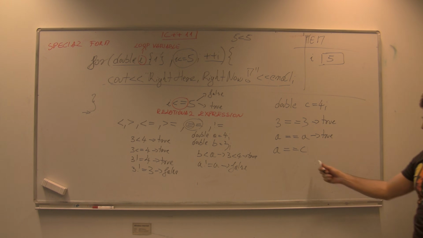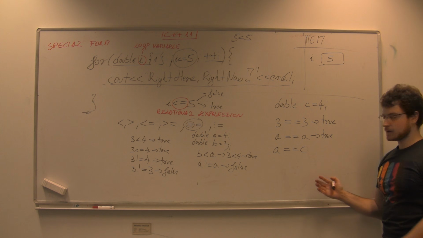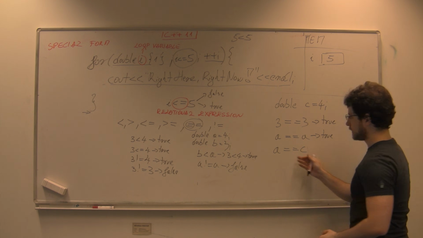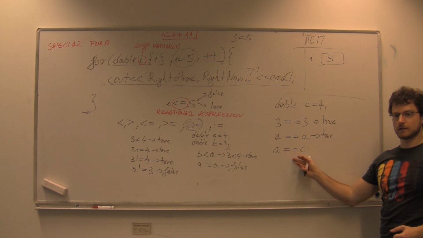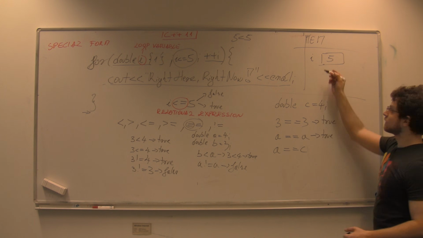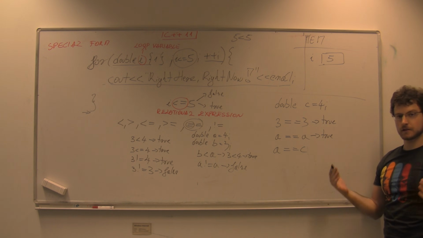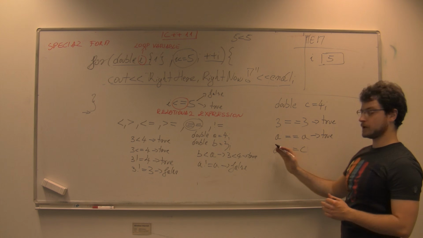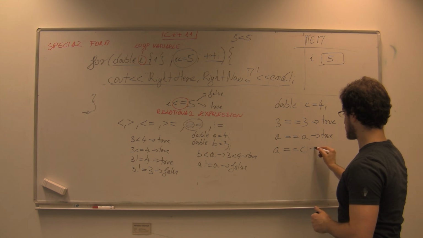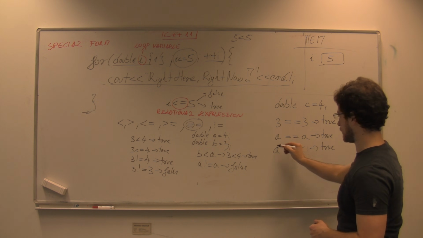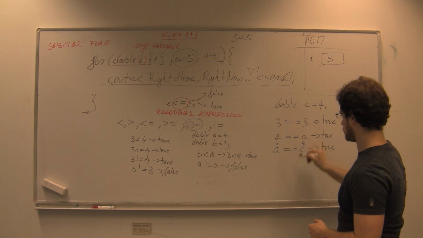The way equality operates in C++ is only on values of variables. So we don't really test for identity, because c would have a different box than a. So they're not the same thing, but we're only concerned with their values. So in this case, the expression is also true, because the value of a is 4 and the value of c is 4.